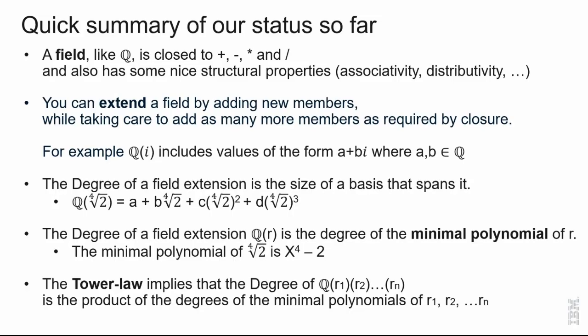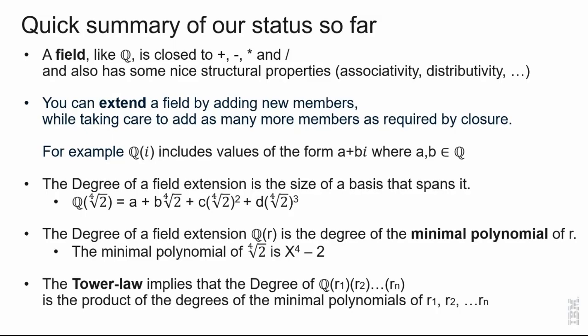For example, Q(i). Then we defined the degree of a field extension to be the dimension of the vector space that spans it. So if we take, for example, the rationals and add the 4th root of 2, we end up with this vector space, which has 4 elements. So the degree of the field extension is 4.